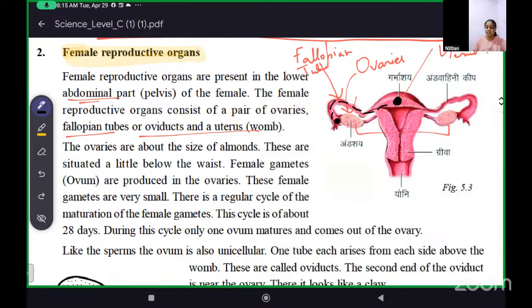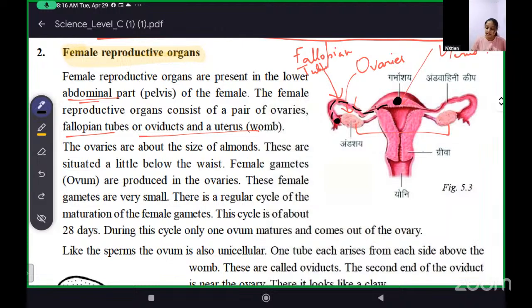See, ovaries are a different thing from eggs. Ovaries produce eggs, okay. They make the egg and then it comes through the fallopian tube into the uterus.